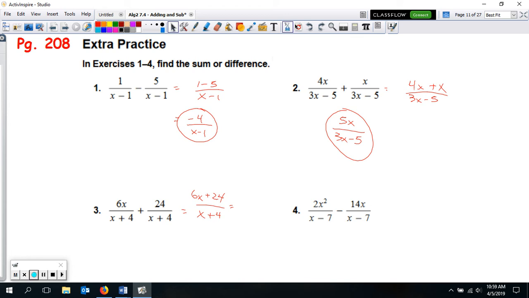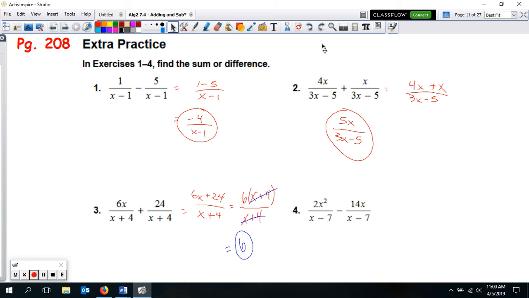So I can factor out a 6 in this numerator, and what would be left, if I take 6 out of the first one, is just x, and then 24 divided by 6 is 4, so we'll see x plus 4. Then 6 times x plus 4 is over x plus 4, and now we have a matching binomial. Now we're going to go ahead and cross those out. So cancel out matching binomials. The only thing left is 6 over 1, so our answer is just 6.